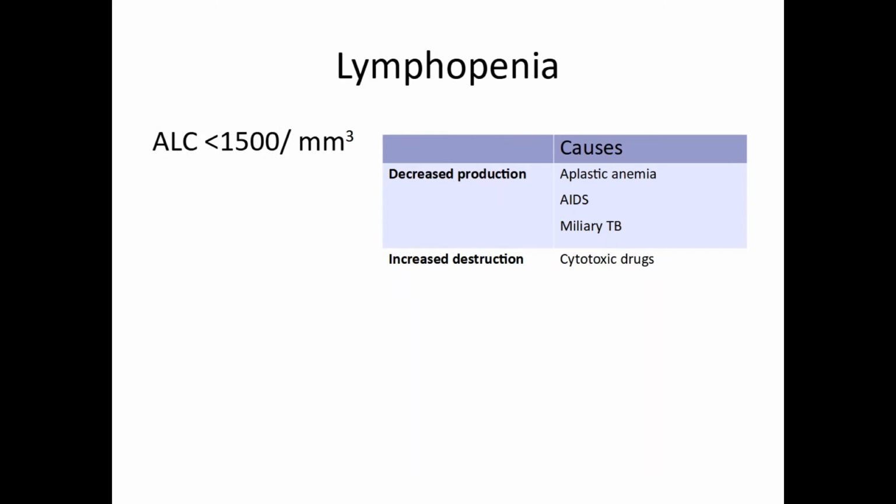Lymphopenia, on the other hand, is seen in conditions such as aplastic anemia, HIV infection full-blown, that is AIDS, miliary TB, that is full-blown tuberculosis, and also in patients who consume certain chemotherapeutic drugs. In them also you can see lymphopenia.